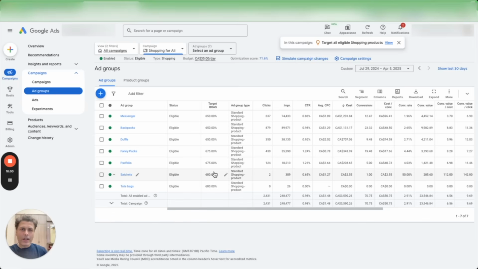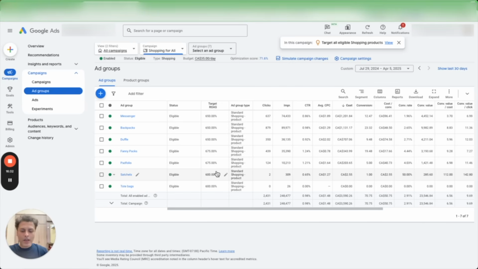Initially, I remember it was maximum clicks. Obviously, no, I don't think that it was on maximum clicks, but if you are starting out and it's a brand new account, you should make sure that maximum clicks is your bidding strategy. Because you do have a smaller budget and you want to get as many relevant clicks as possible, so maximum clicks as a bidding strategy should be the way, right?